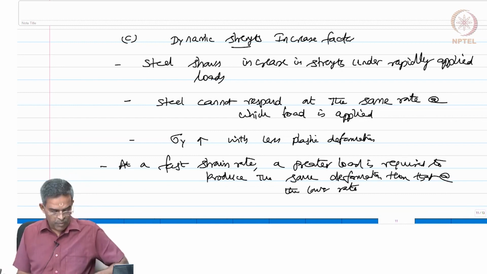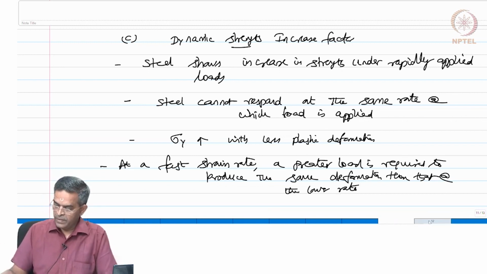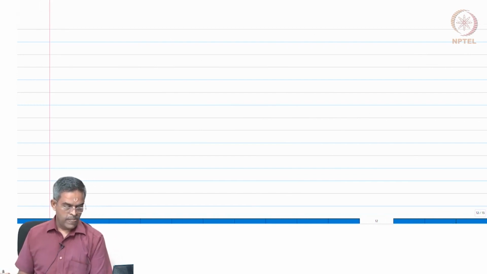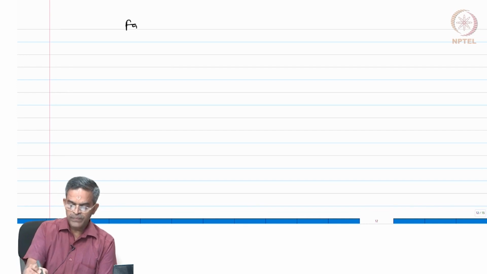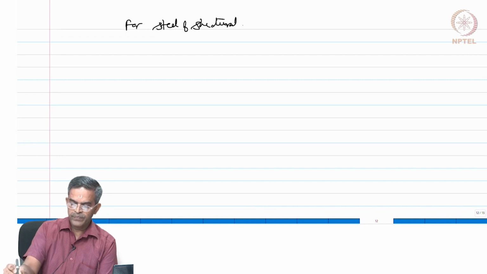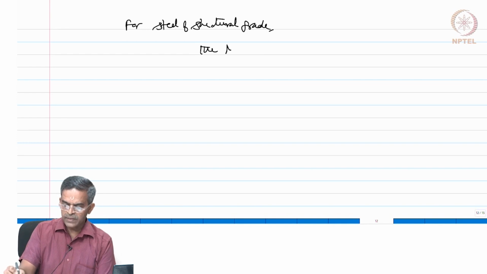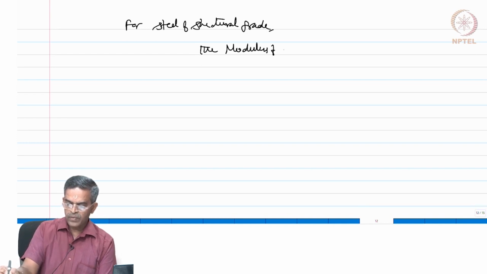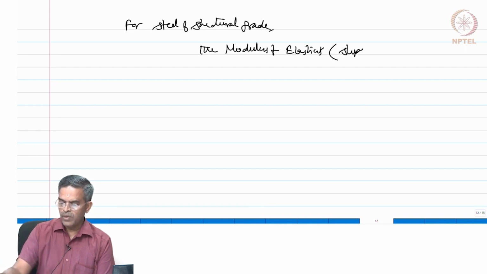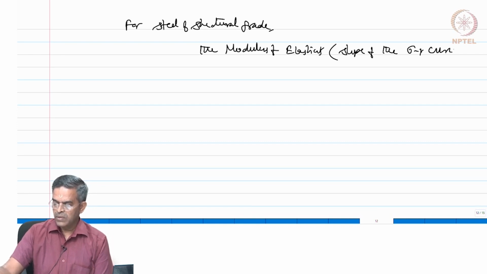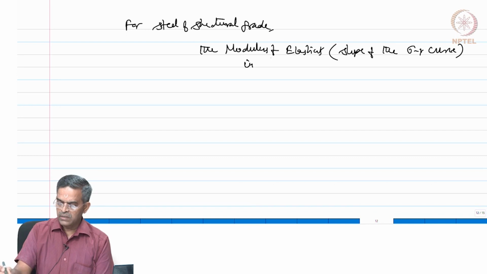The rate of loading is a very important parameter in stress strain curve. So, for steel of structural grade, the modulus of elasticity, let us recollect what we understand by this, is actually the slope of the stress strain curve in the elastic region.